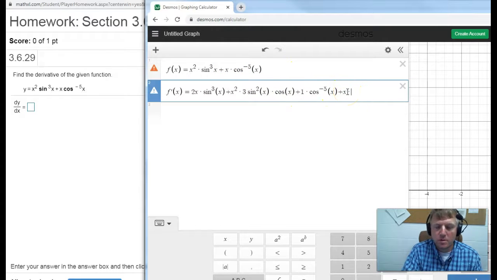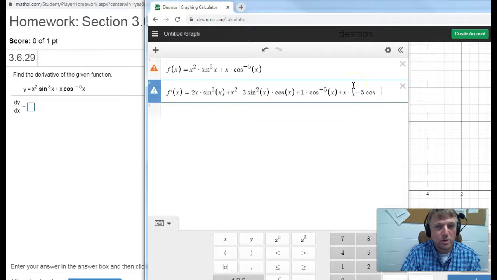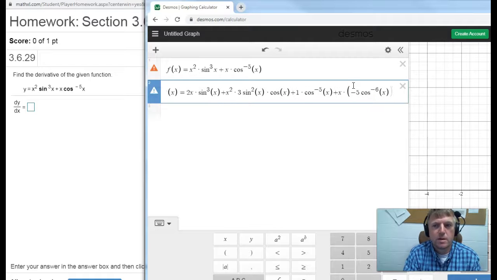Remember, that's also going to be cosine x to the negative fifth power. So I'm going to bring the negative 5 down. That'll become cosine. Now we subtract 1. So it was negative 5, now it's going to be negative 6 x. All right, and now we chain on the derivative of what was inside.